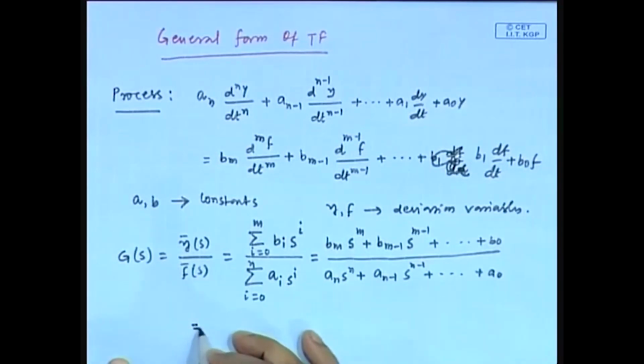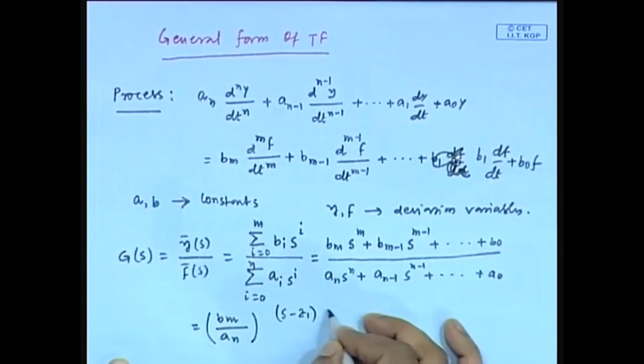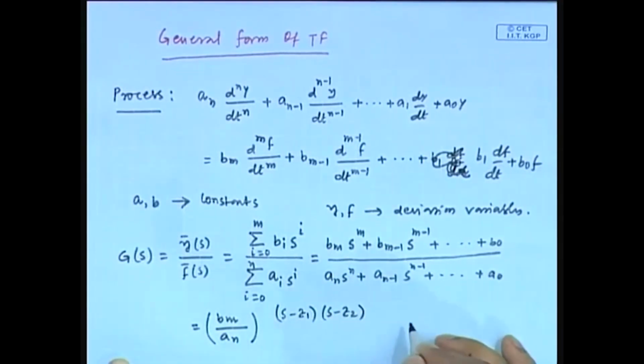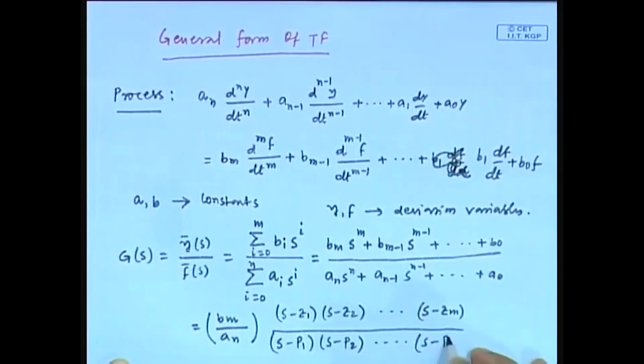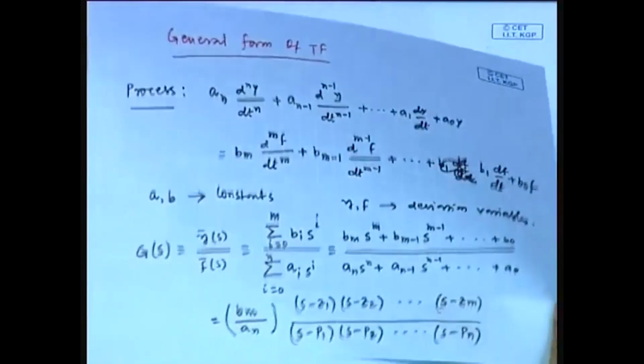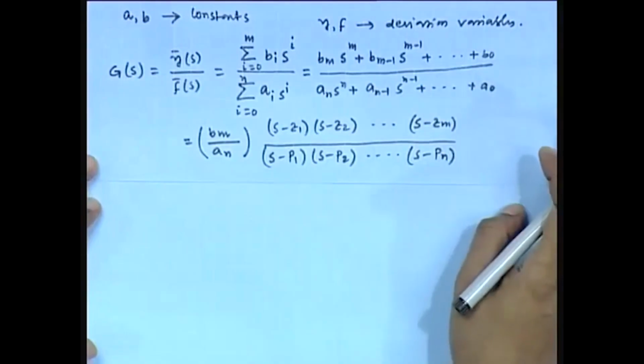Now, if we take b_m divided by a_n common, we get (s minus z_1)(s minus z_2)...(s minus z_m) whole divided by (s minus p_1)(s minus p_2)...(s minus p_n). Fine. This is the general form of the transfer function.